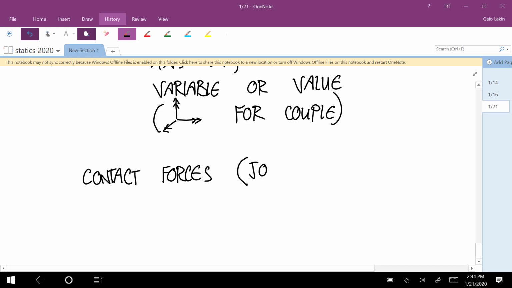Normally, we're going to think of contact forces as joints because that's the way it's usually going to arise, like a thing's connected to a hinge here and a pin joint over here or something. But we're going to start out with just three different types of contact forces. This is for particle statics again.